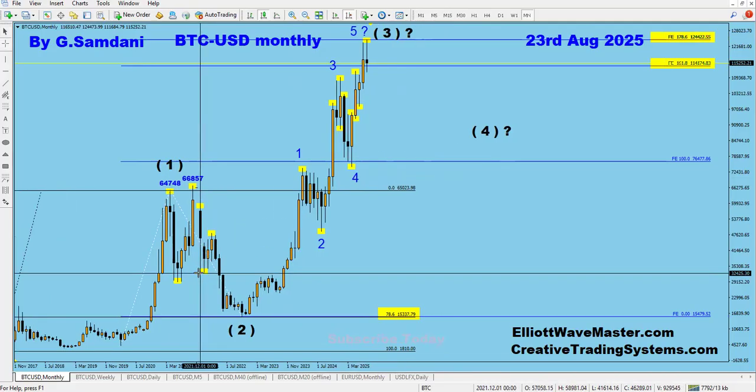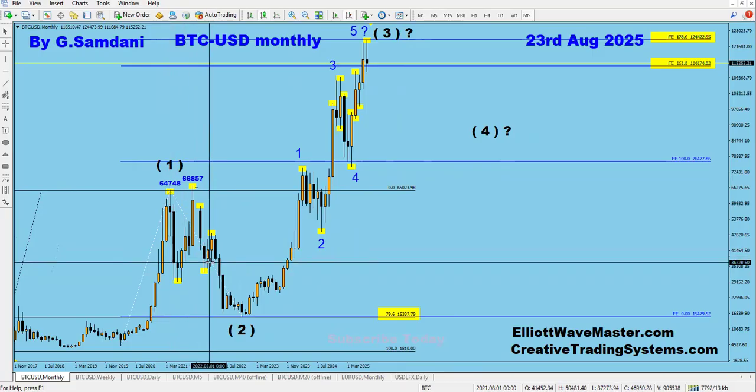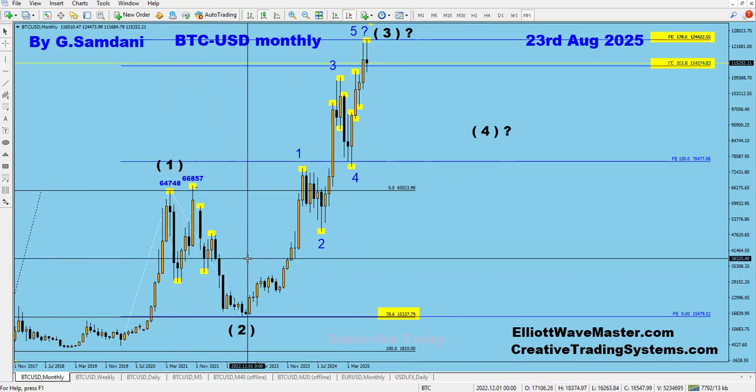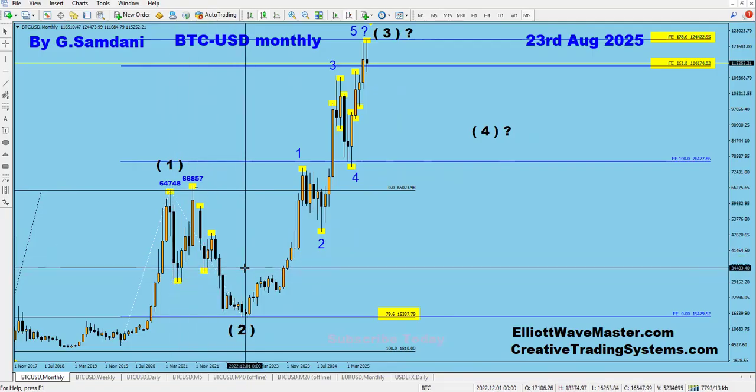Let's look at the time of the wave two correction, from April 2021 to almost December 2022. So you're talking about April, May, June, and so on, which is 1 year and 8 months from here to here.